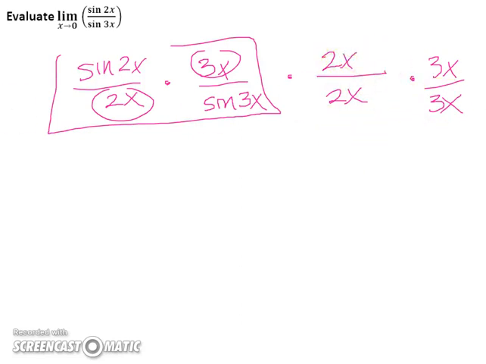So this is what we want it to look like, and we're going to have some leftover stuff on the other side. I'm going to get past this screen because it's not how we're going to do it. But that's ultimately what we want: sine of 2x over 2x times 3x over sine of 3x. So we have that special trig limit. Step 1, I just separate. Again, if you multiply straight across, it's still equivalent to the original.